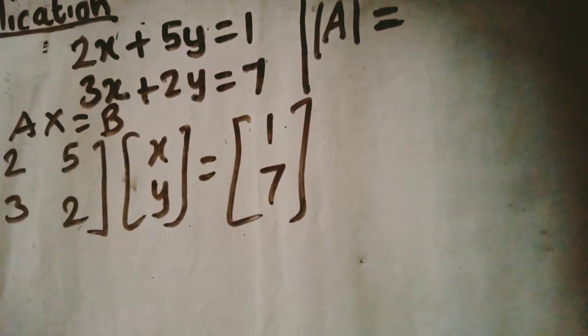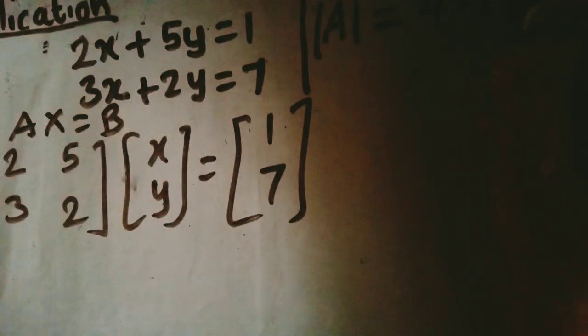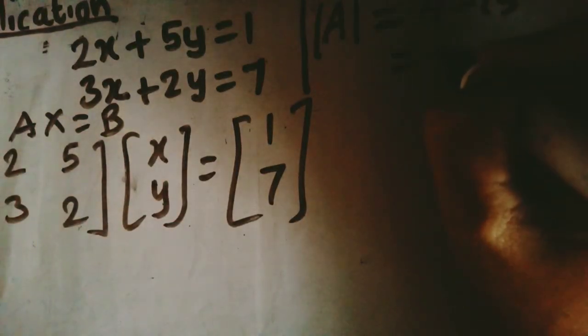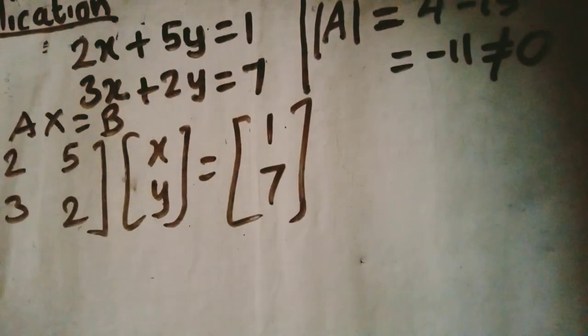Determinant of A is 4 minus 15, so it is minus 11. It is not equal to 0, so we can say that the inverse exists and the solution exists.